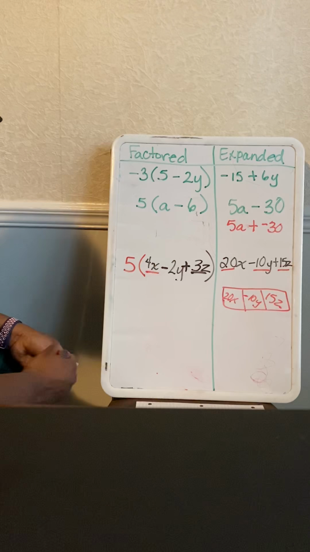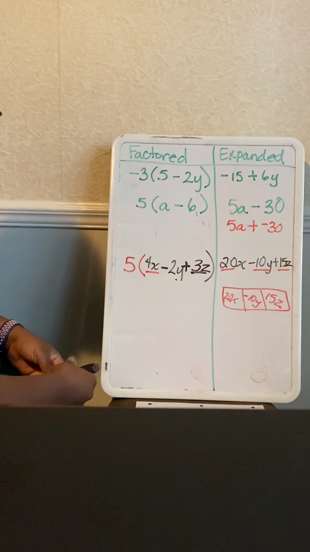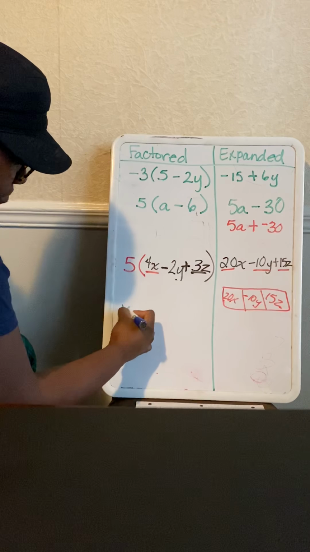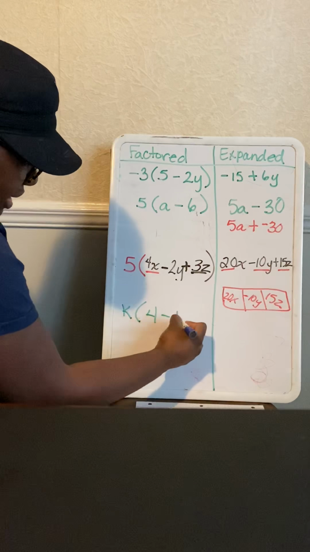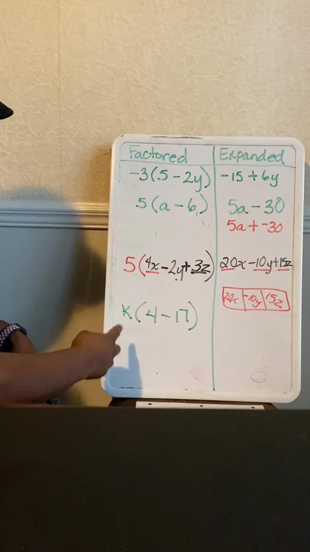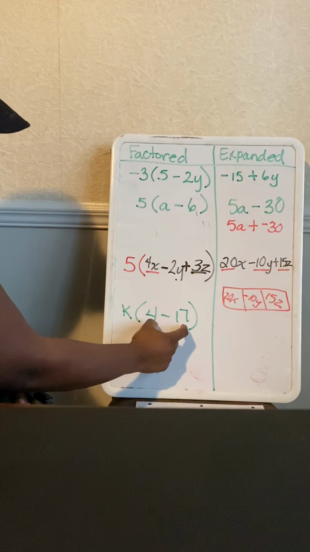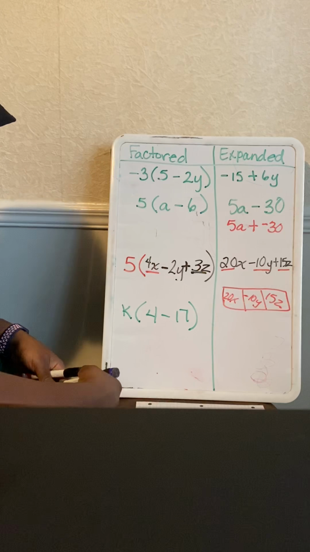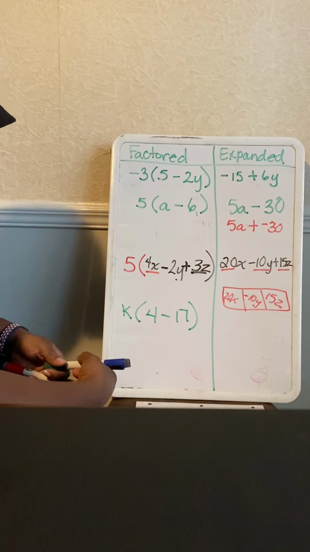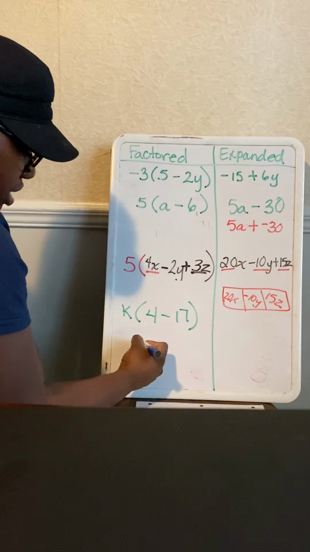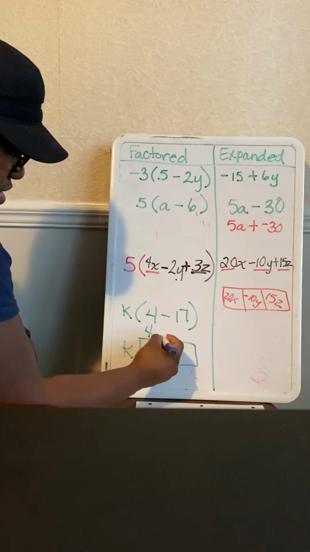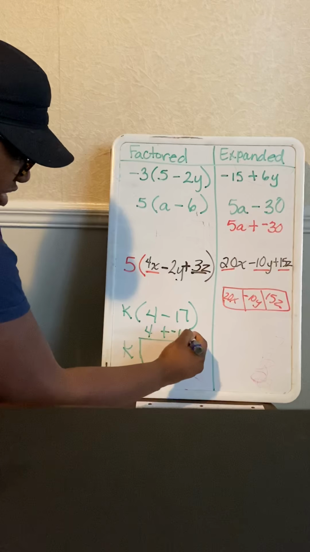I'm going to do one last one before I go. They gave you k times 4 minus 17. When you think about this, you're trying to multiply k times the quantity of 4 minus 17. And you're thinking of the area model. Here's k, here's 4, and this is plus negative 17.